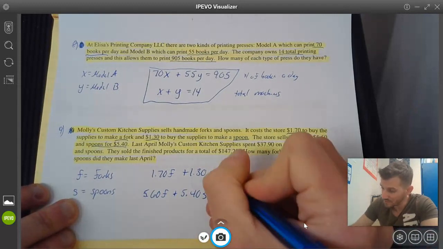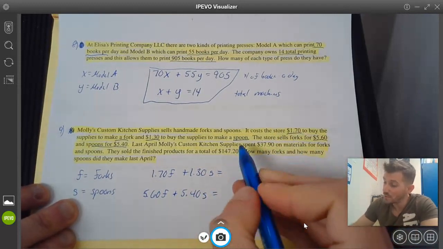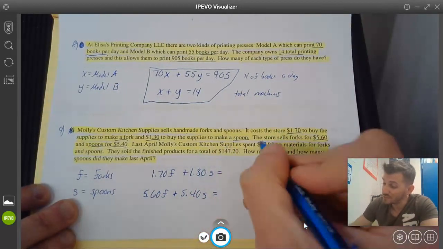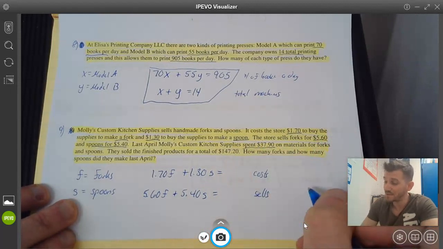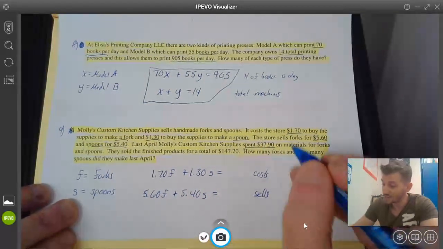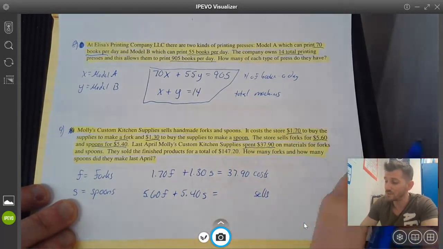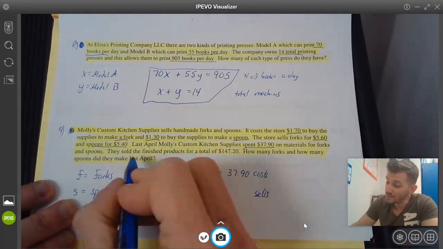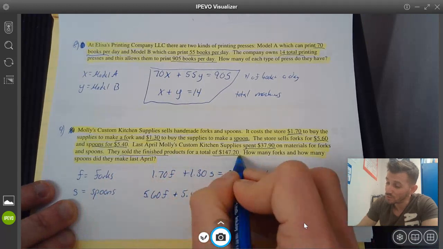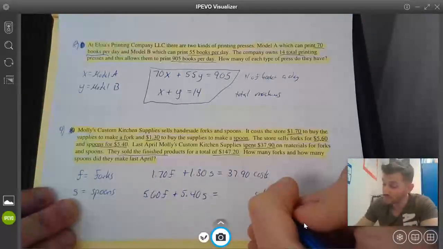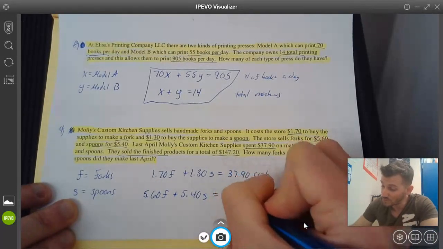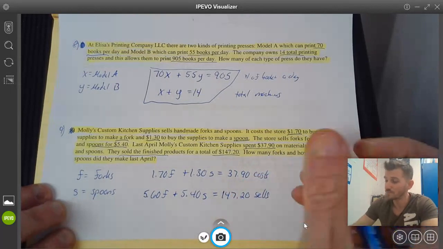So all we're missing is the totals on those. Well, they spent $37.90. That's how much it cost them. It cost them $37.90 to make all this stuff. And they sold a total of $147.20. So they sold it for $147.20.